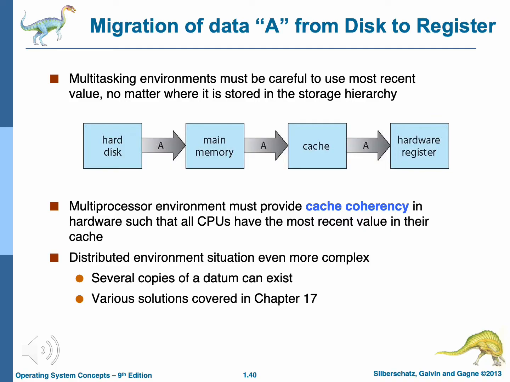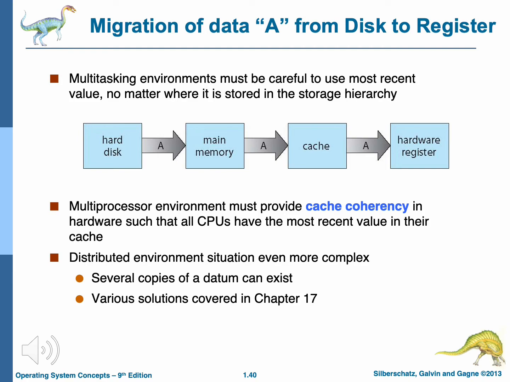We must make sure that an update to the value of A in one cache is immediately reflected in all other caches where A resides. This situation is called cache coherency, and it is usually a hardware issue, handled below the operating system level.